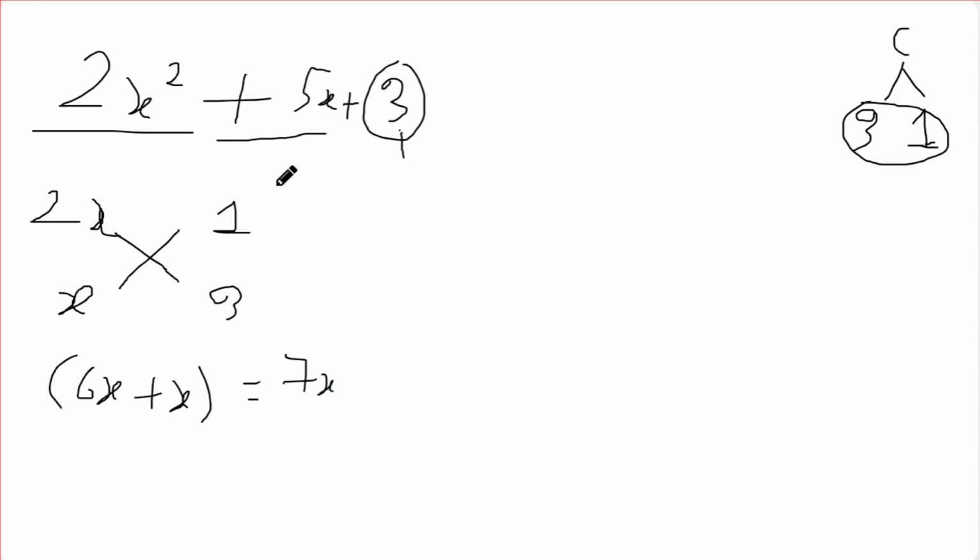So this is not correct. And why isn't it? Because it didn't match the plus 5x. So what we need to do is put minus in front of this. And why are we going to put minus? Because it's going to help us reach this value. And what is this value? Plus 5x.